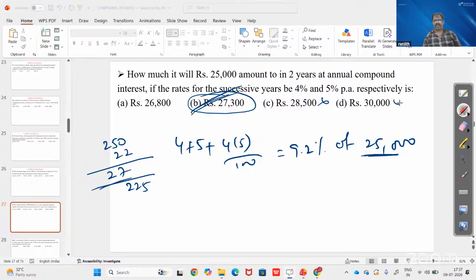So it is eliminated, it is also eliminated, it is obviously eliminated. It can't be less than 27, it can't be more than 27,500. Answer directly 27,300.